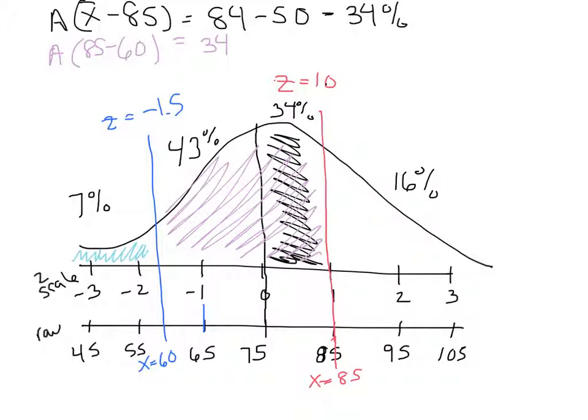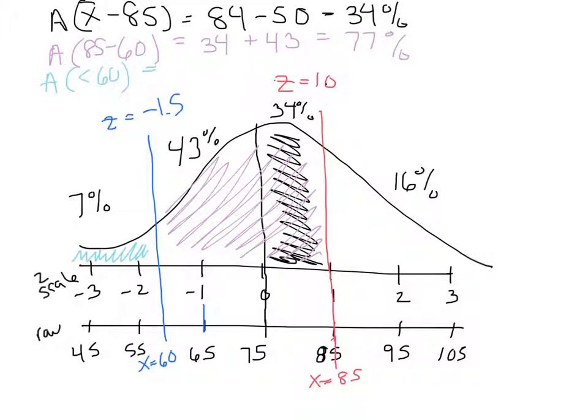So if I add that 43% to that 34 as my total, I'm going to have 77% as my area between a z-score of negative 1.5 or an x-score of 60 and a z-score of 1 or an x-score of 85.